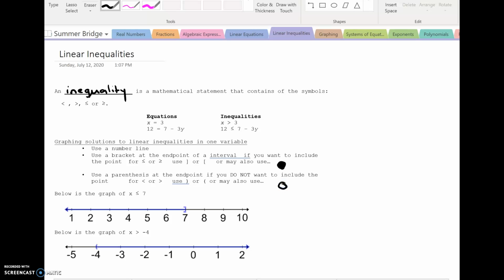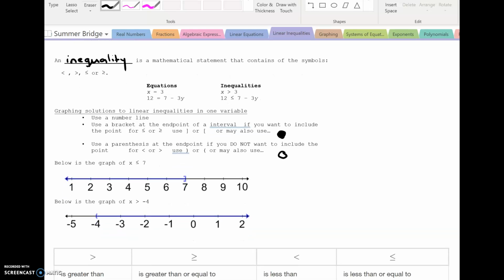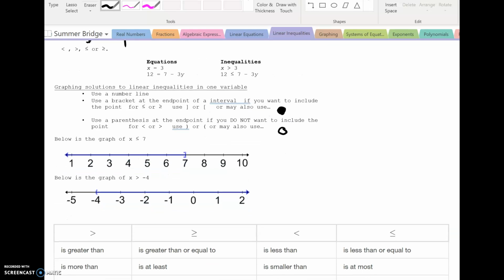Okay. So this next set of examples shows you what you would do. For example, below is a graph of x is less than or equal to 7. I'm just going to write that in words: x is less than or equal to. That's how you would read that.